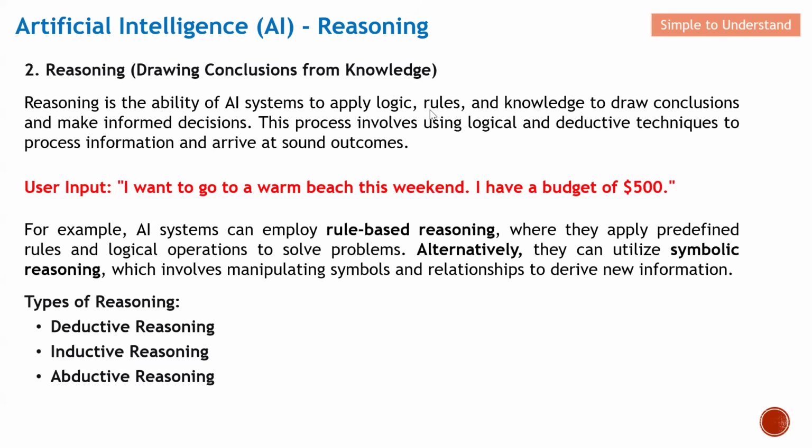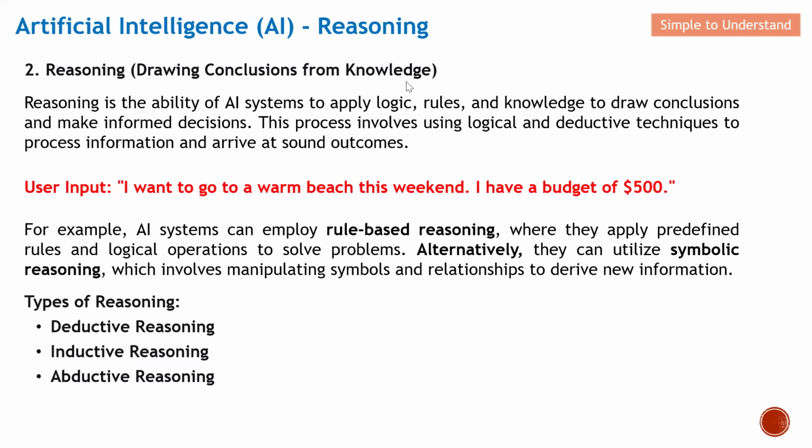Next, the rules. What will be the rules? The user mentioned that he has only a budget of $500. So this is the rule. Next, we also need to have the knowledge. What is the knowledge? For example, I need to have the knowledge of where there is a warm beach, which beach will be warm. I also need to know the cost of staying at the beach on the weekend.